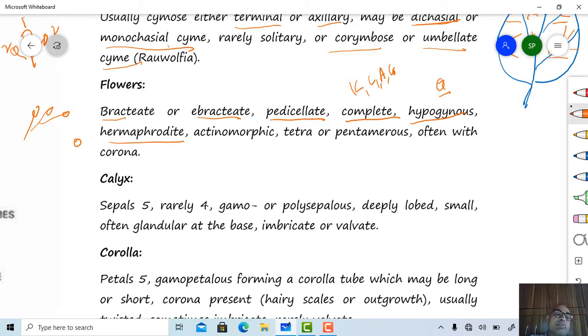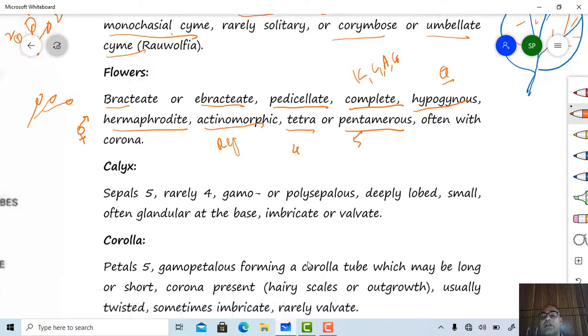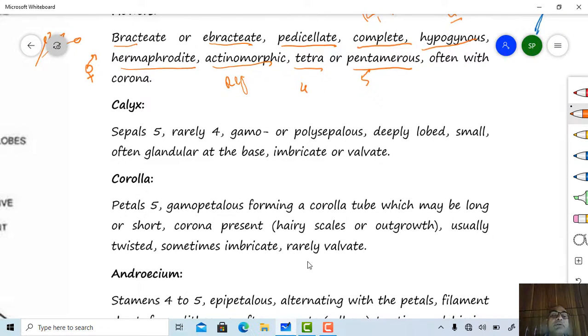Hermaphrodite, that means flower produces male as well as female sex organs, that means bisexual one. Actinomorphic, flower is a regular one. Tetramerous or pentamerous, either multiple of 4 or multiple of 5, then tetramerous or pentamerous, often with corona. In case of Nerium, staminal corona is present, while in the majority of the cases corolline corona is present.